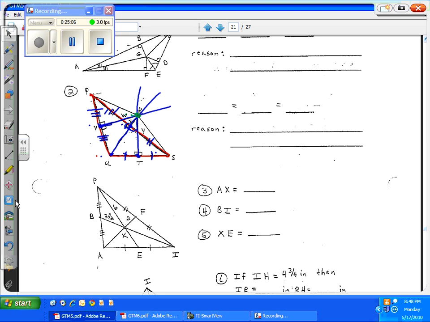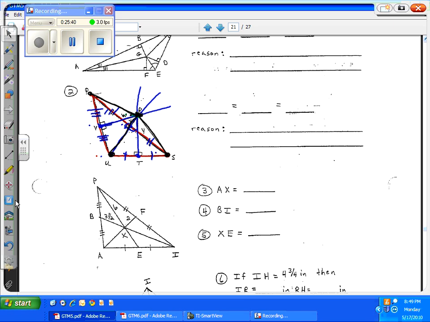When we drew the perpendicular bisectors of the sides, they are concurrent at a point. That doesn't necessarily have to be in the triangle. But the theorem says that the perpendicular bisectors of the sides of a triangle intersect at a point that is equidistant from the vertices. So from R to this vertex, RU, R to this vertex, RS, and R to this vertex, RQ, are all the same.